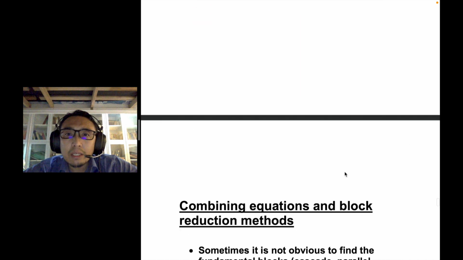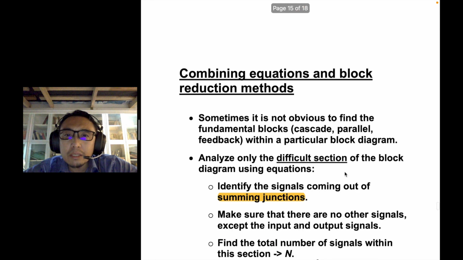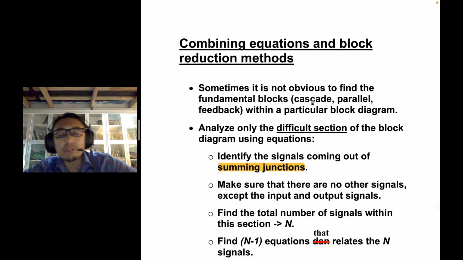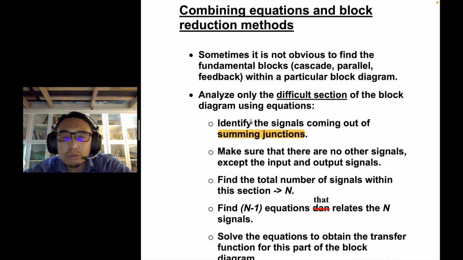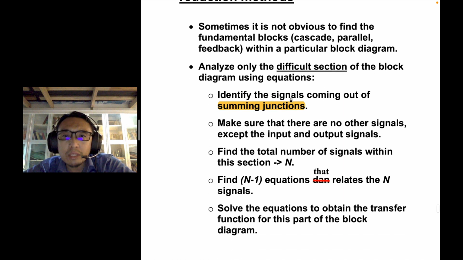Okay, finally, if that doesn't work, in some cases it's not obvious to find the fundamental blocks, cascade, parallel, or feedback within a particular block diagram. Sometimes you can just use equations. So analyze only the difficult section of the block diagram using equations. First, you need to identify the signals coming out of summing junction.